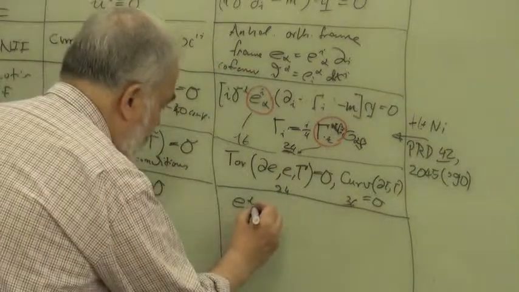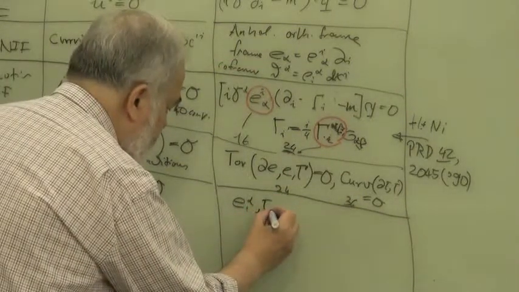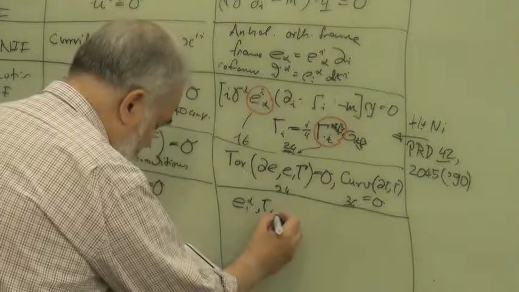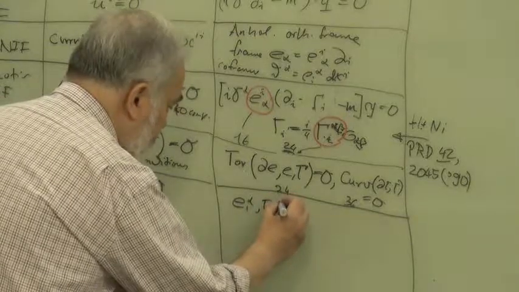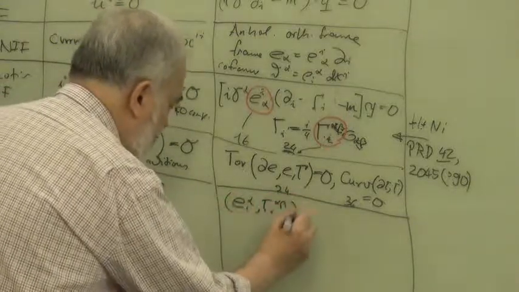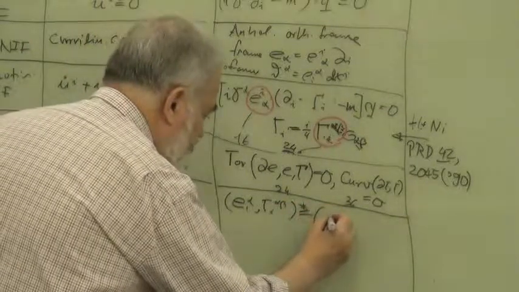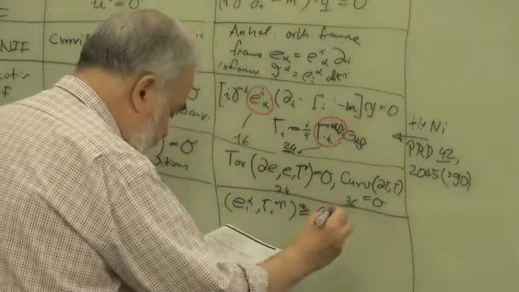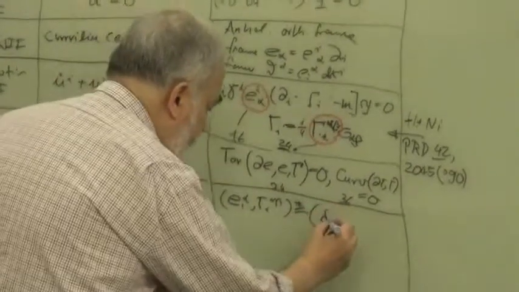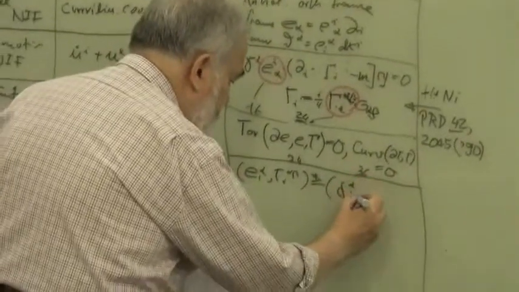So the co-frame and the gamma can be, in such a global frame, α β, normalized such that the frame becomes a Kronecker delta, δ^i_α, and the connection vanishes.